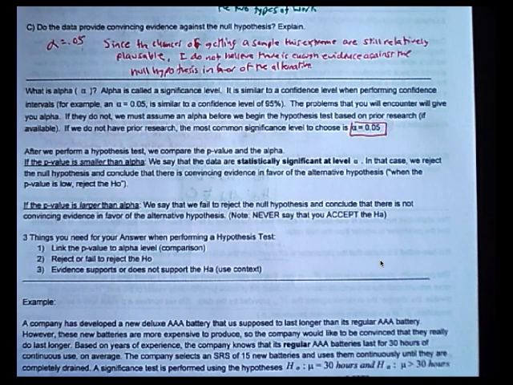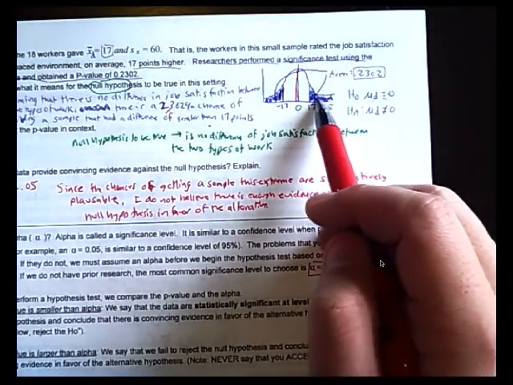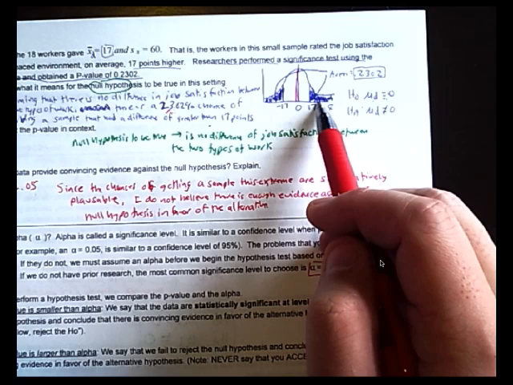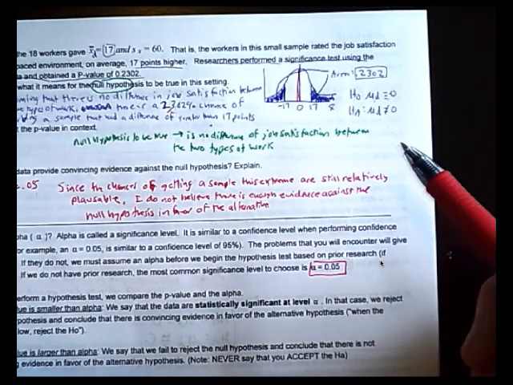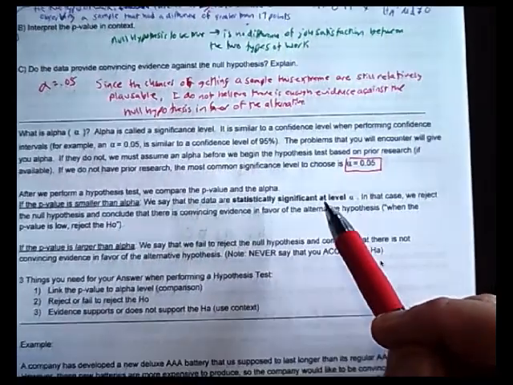So after we actually perform the test, we compare the p-value, and remember the p-value comes from the area that's given by the sample, okay, given by the x-bar, okay.